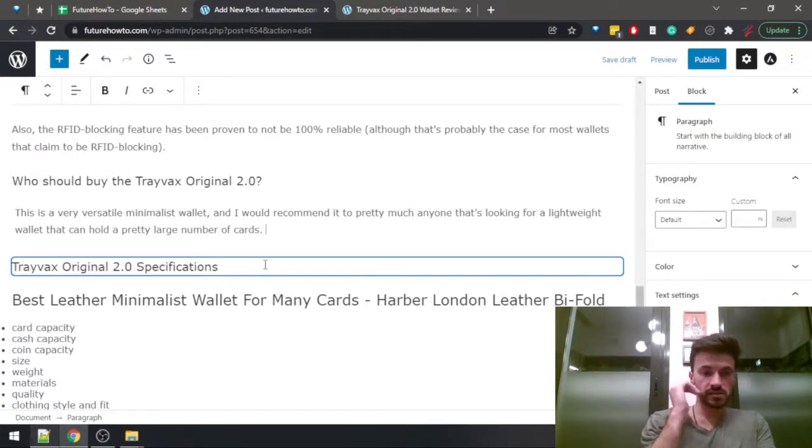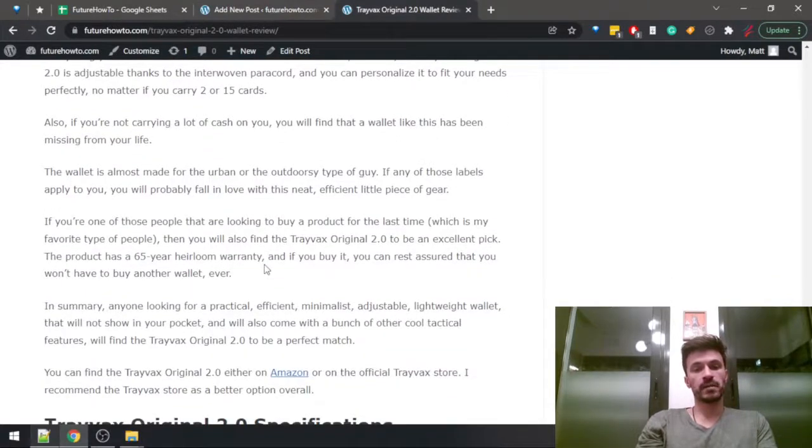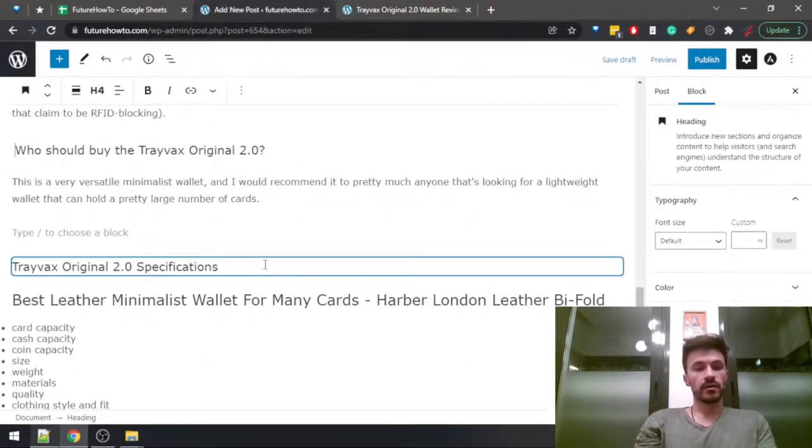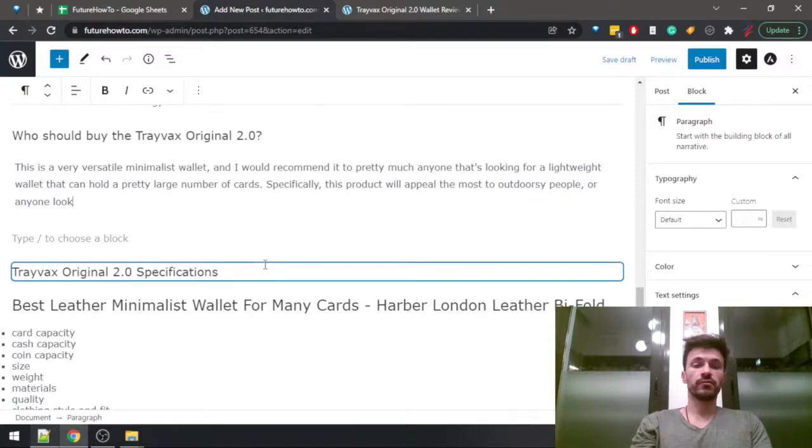Yeah, one sentence is probably enough here. Urban, outdoorsy, long lasting. Okay, specifically this product will appeal the most to outdoorsy people or anyone looking for a very durable product that will last them for years or even decades.